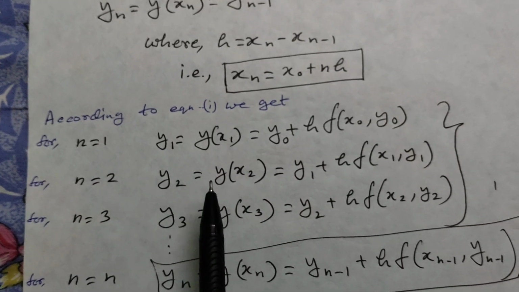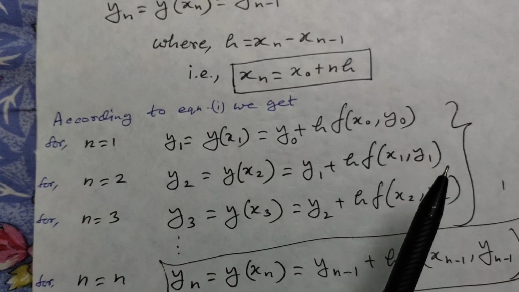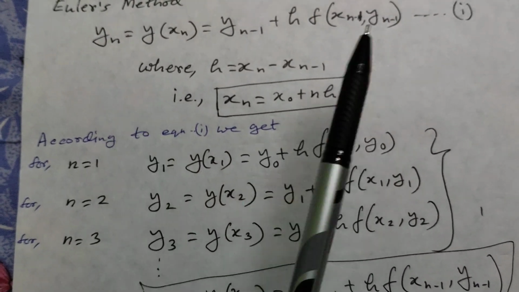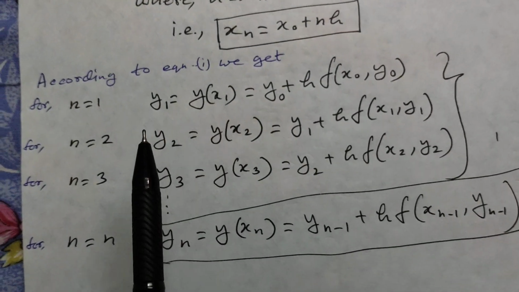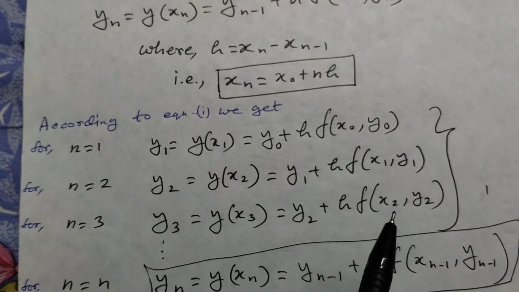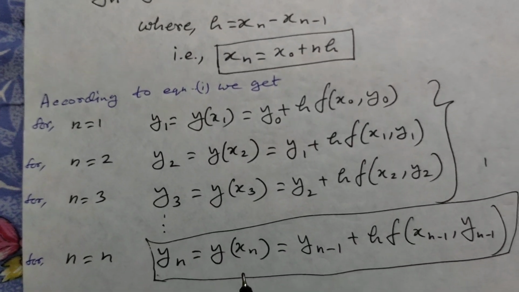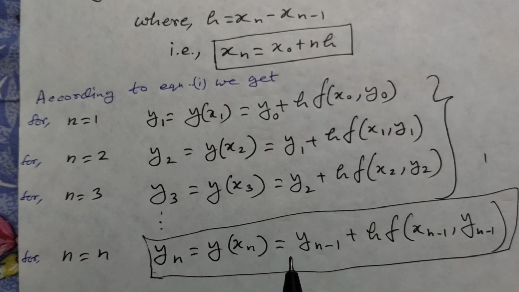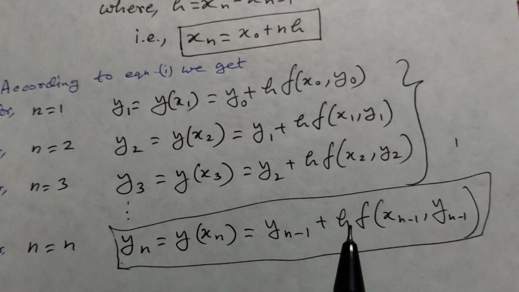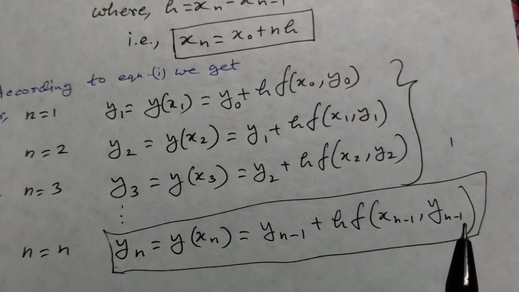For n = 2, y2 = y1 + h f(x1, y1), right? Just put the value of n here, and by doing this, y3 = y2 + h f(x2, y2), right? And for n = n, yn = y(xn) = y(n-1) + h f(x(n-1), y(n-1)), right?